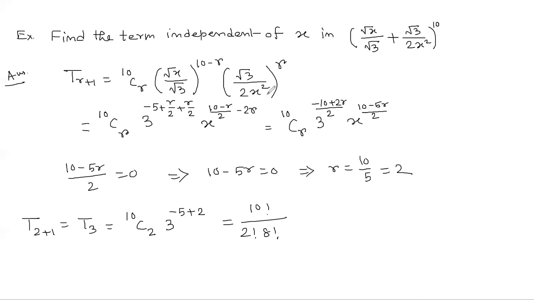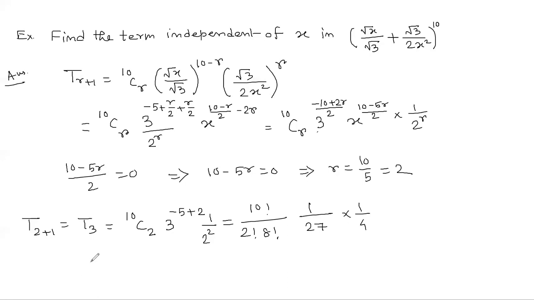So it is 2 power divided by 2 power r. So here we have 1 by 2 power r. So here we are getting 1 by 2 square. So it is 1 by 3 power 3, that is 27, into 1 by 4.